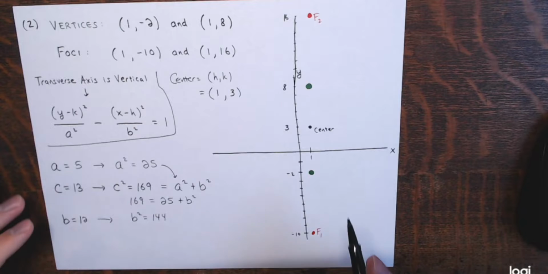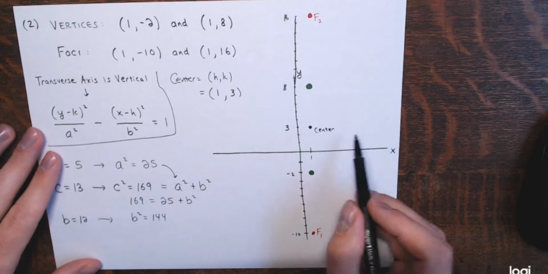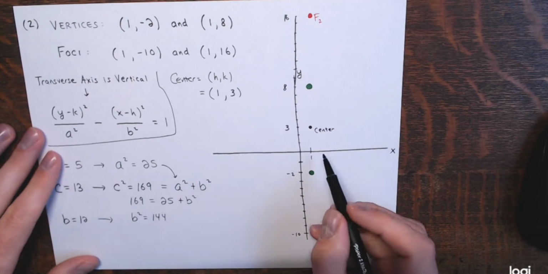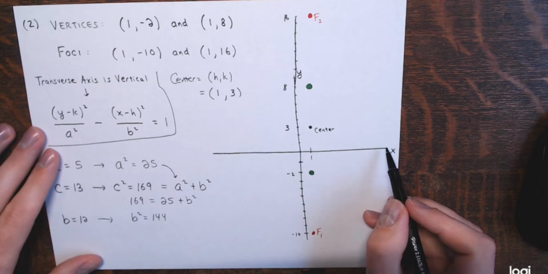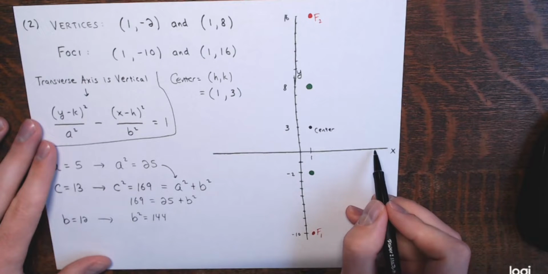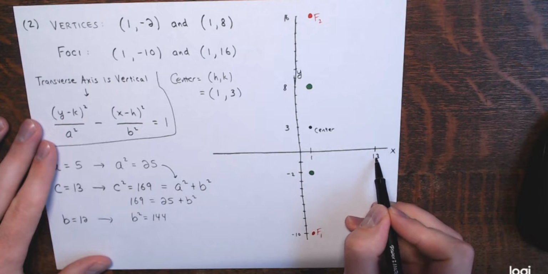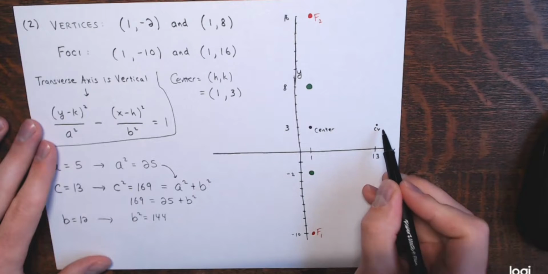So then from the center, I would go to the right 12 units and left 12 units for those co-vertices. If I go to the right 12, the x-coordinate will be 13. So 13, 3 is a co-vertex. I'll put CV next to that.